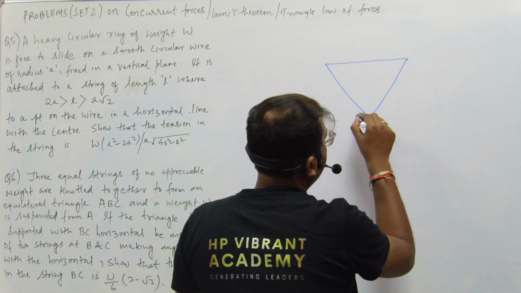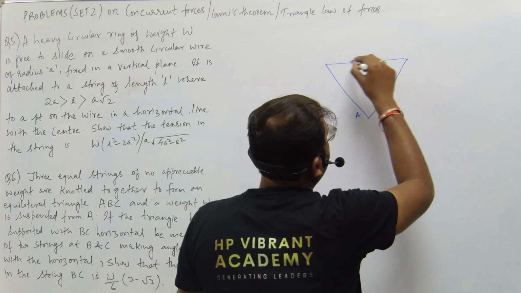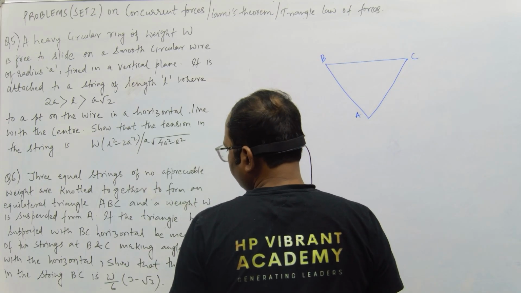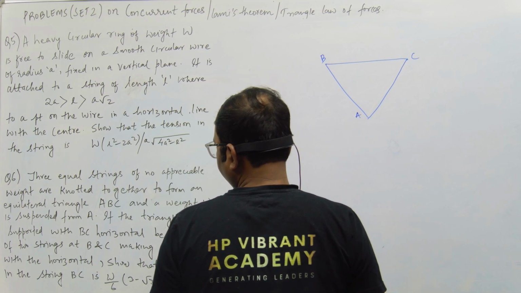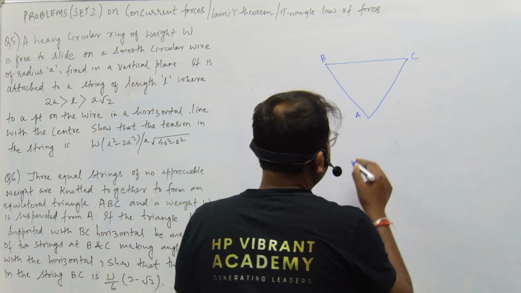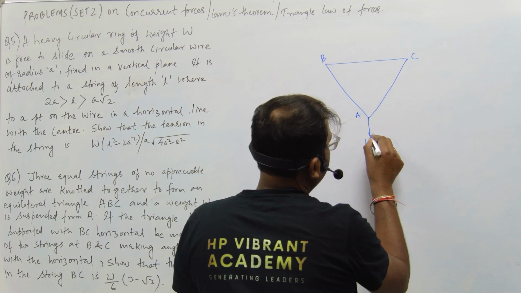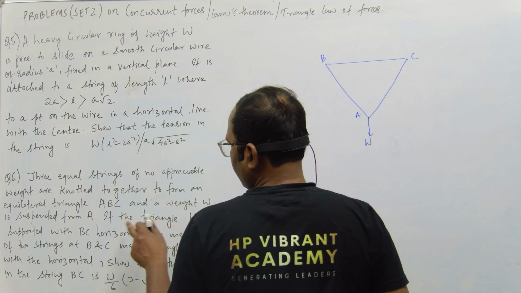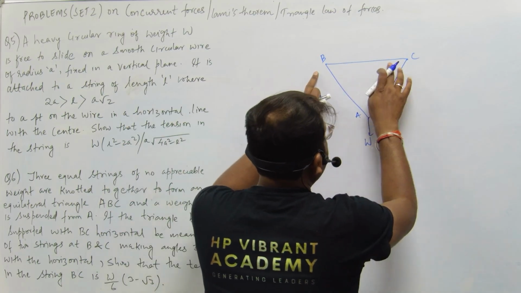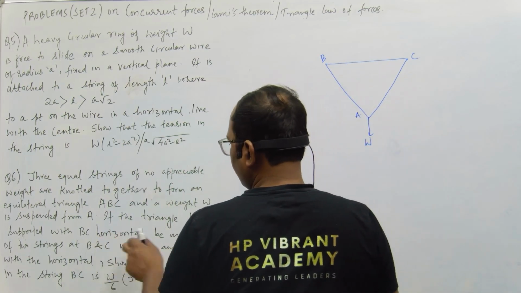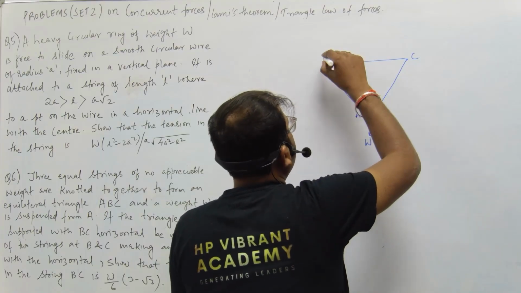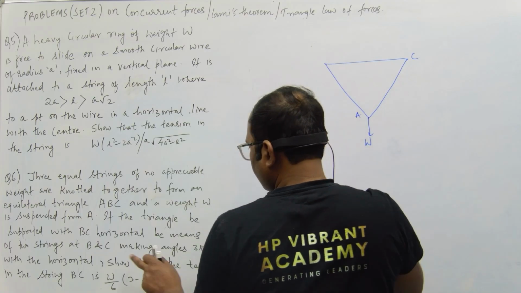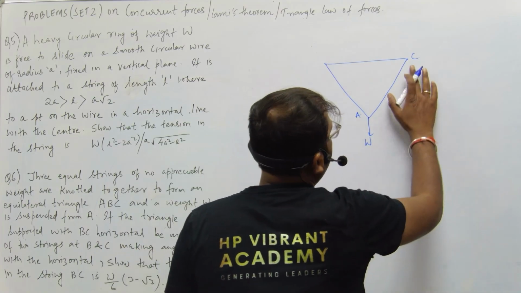Let us consider this point as A, this as B, and this as C. There is a weight W suspended from A. If the triangle is supported with BC horizontal, this is BC, by means of two strings at B and C. There are two strings at B and C making an angle 3 pi by 4.